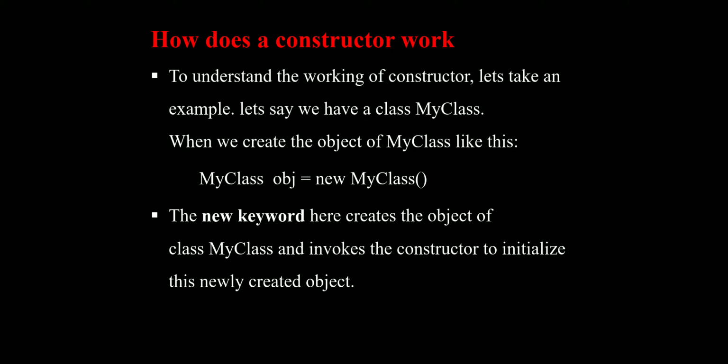To understand the working procedure of the constructor, let us take an example. Let us take, we have a class, and that class name is MyClass. When we are creating the object of MyClass like this, we first use the class name and the object name with the new keyword.